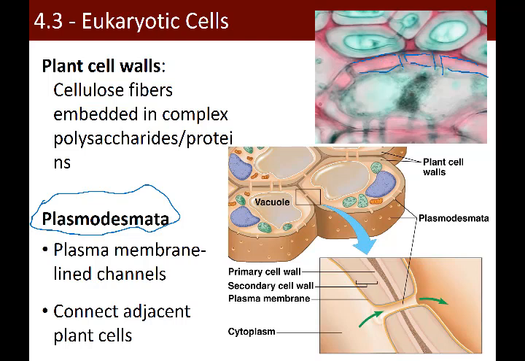But the plasmodesmata provides a connection, and you can see it goes from this big cell here out into all of the neighboring cells, and it basically forms a continuous plasma membrane so that all of these cells are directly connected, and they can share materials from one cytoplasm to the other cytoplasm.